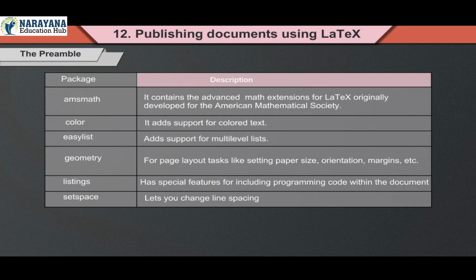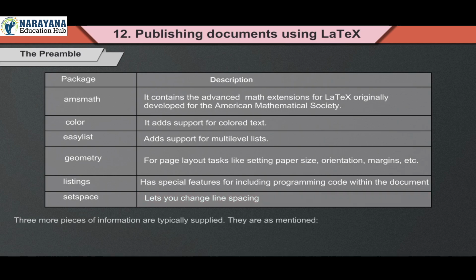Package geometry. Description: for page layout tasks like setting paper size, orientation, margins, etc. Package listings. Description: has special features for including programming code within the document. Package setspace. Description: lets you change line spacing.